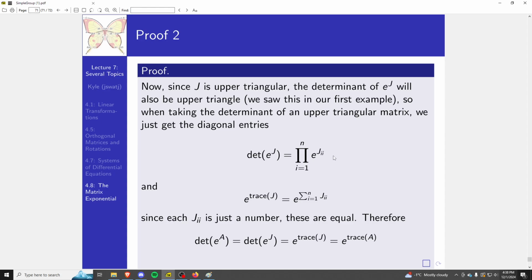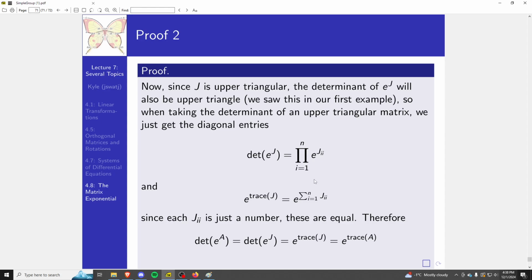And similarly, the trace of any matrix is just the sum of the diagonal entries, so we just write out exactly what that is as well. Since J_ii, the diagonal entry, is just a number, these two are exactly the same.